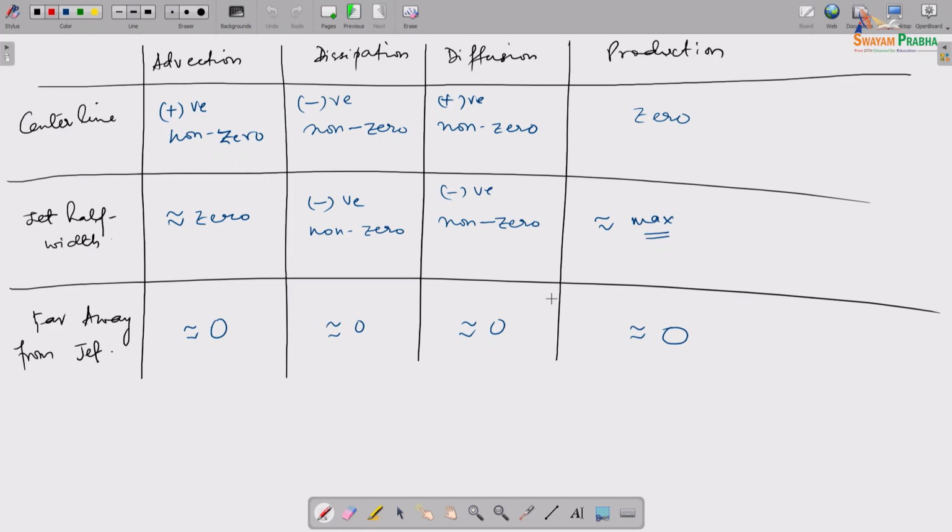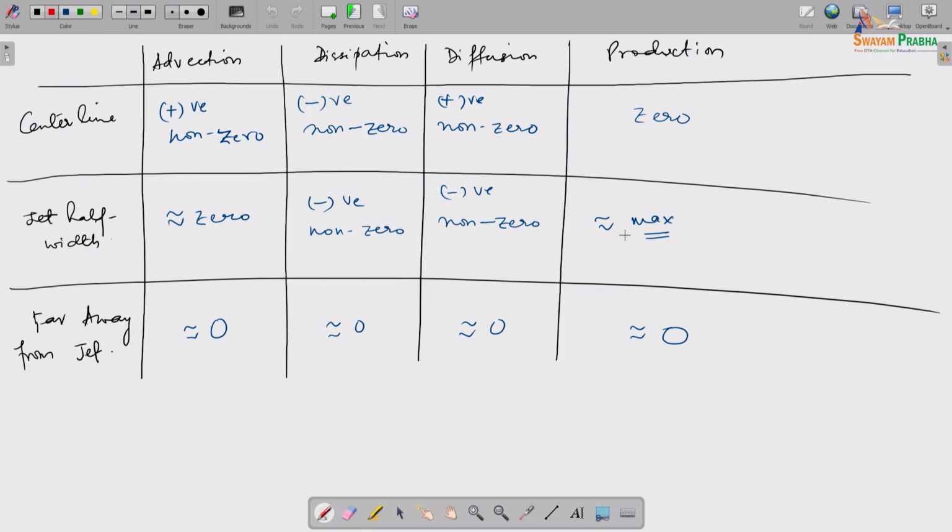So at the jet half width, you can see the advection is zero. The dissipation is negative, and the diffusion is also negative. But the production of kinetic energy is nearly the maximum at the jet half width.